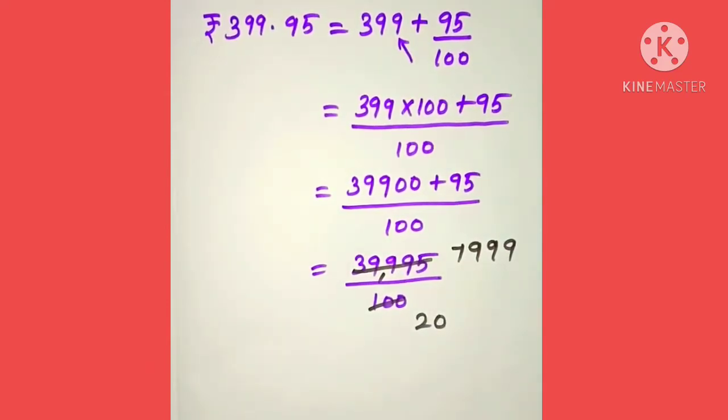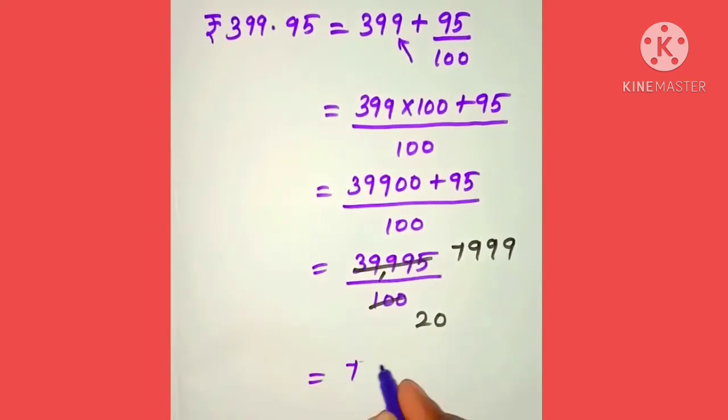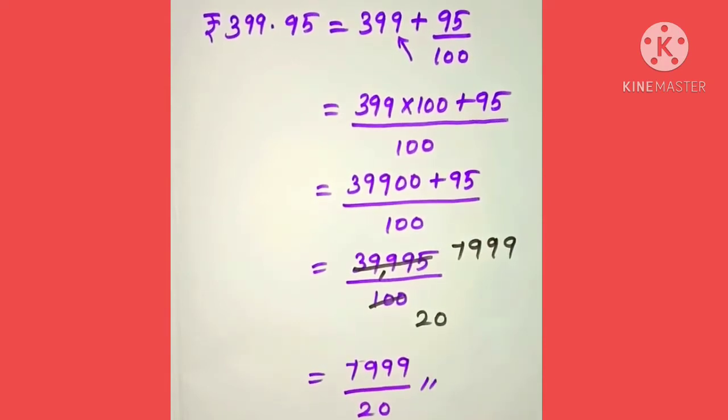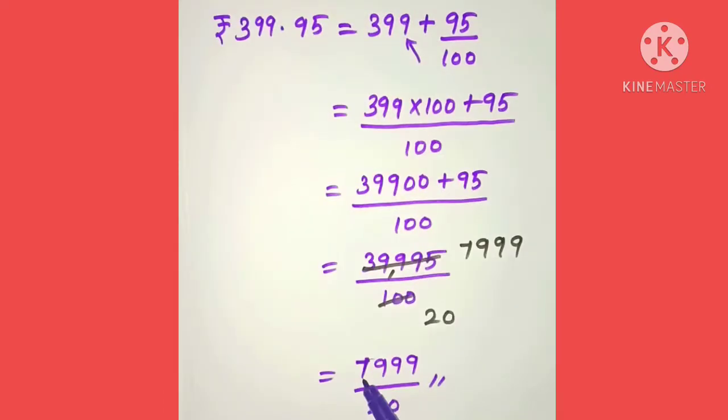So we get 7,999 divided by 20, which is the fraction form of the given decimal number.